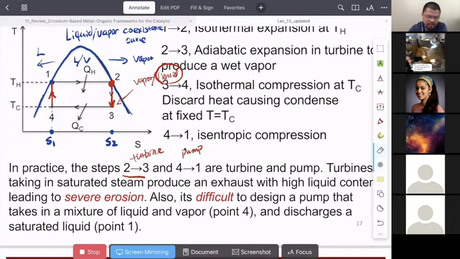The second challenge is over there. We need to have the pump to compress the working fluid from state 4 to state 1. And you realize that here we are also dealing with the liquid vapor mixture, right?